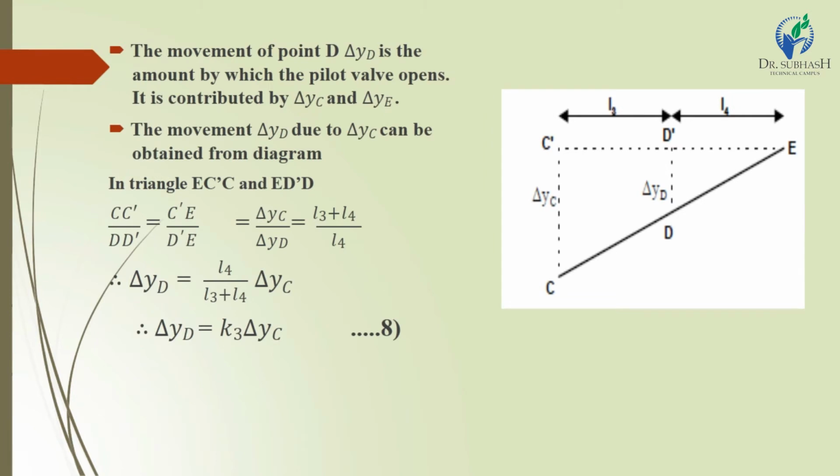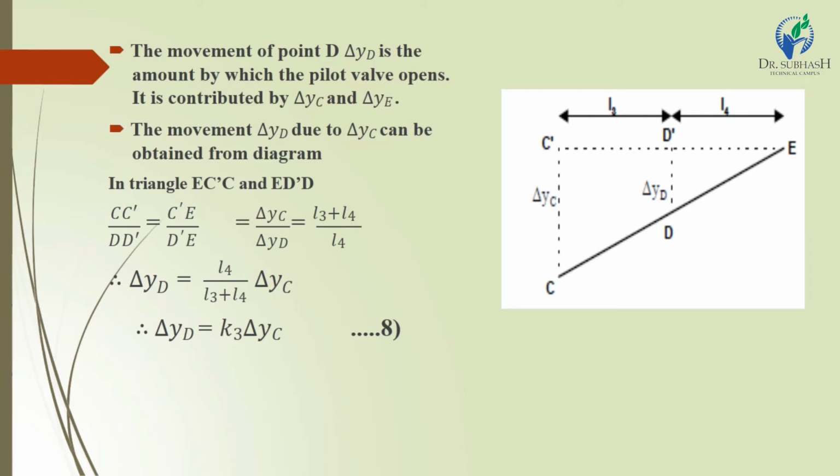The movement of the point D, delta YD, is the amount by which the pilot valve opens. It is contributed by delta YC and delta YE. The movement of delta YD due to delta YC can be obtained from the diagram.